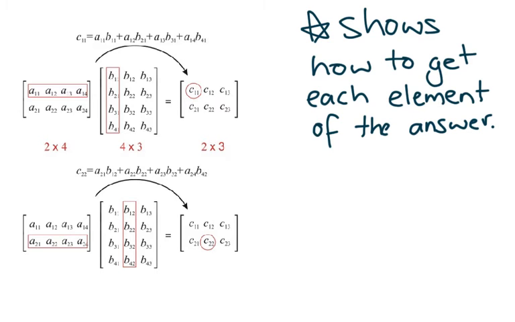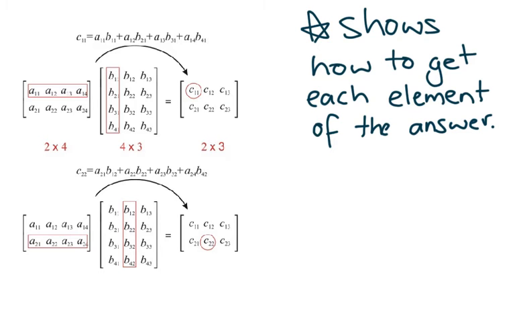To achieve the first element in the answer, which is C11, we have to do row 1 of A multiplied by column 1 of B. To do that, we multiply the corresponding elements and then we add them together. That final sum gives us that element in the answer.